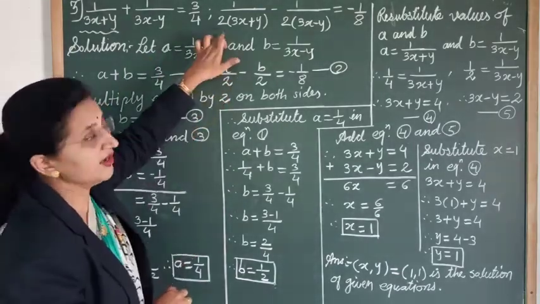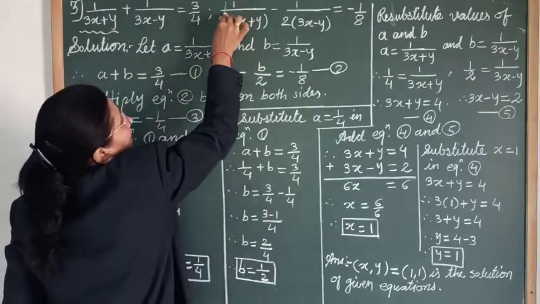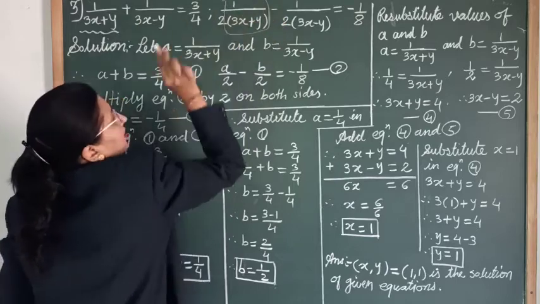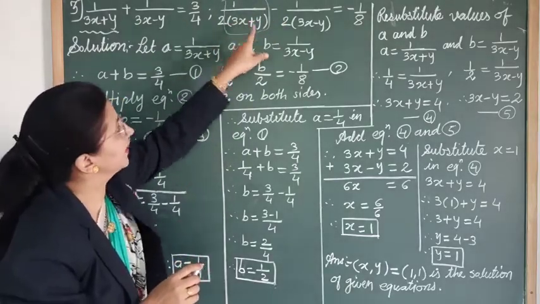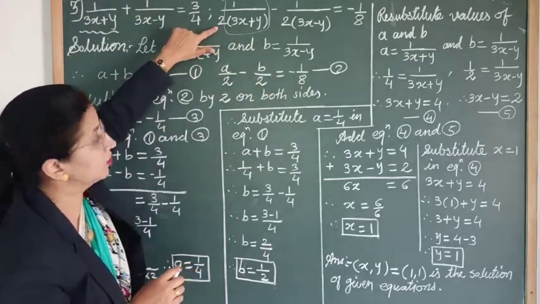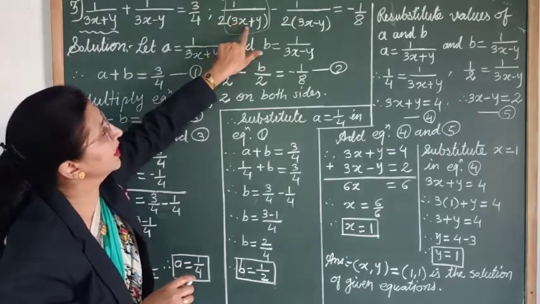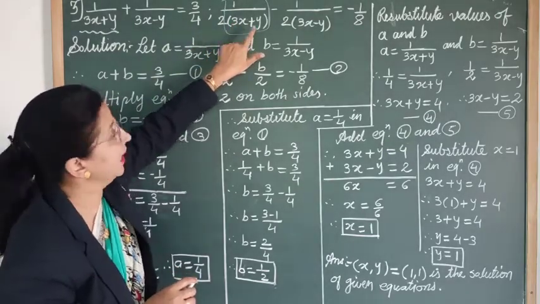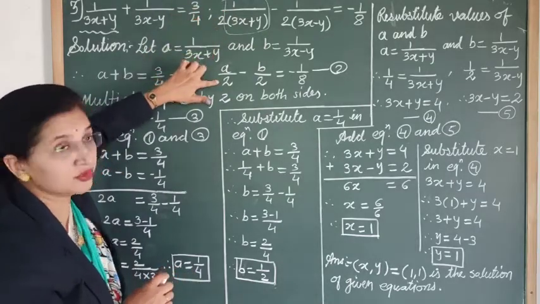Now in this equation you can see here this whole 1 upon 3x plus y, this becomes b. But in the denominator 2 is there. Okay, sorry, it becomes a. So this 1 upon 3x plus y becomes a. Okay, but in the denominator 2 is there. So that also we have to write here.